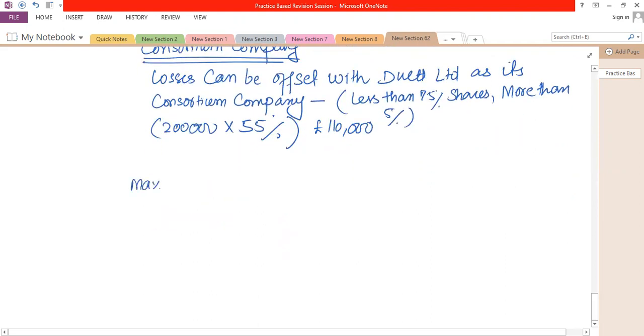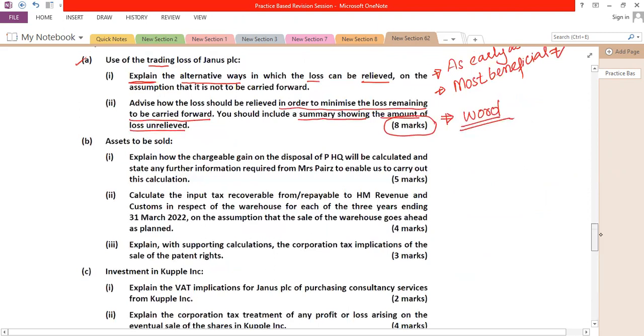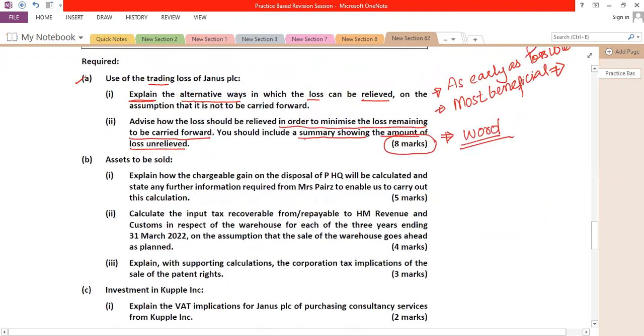So the next heading is maximum utilization of loss. Follow the instruction of the examiner that says to show the summary of amount of loss unrelieved.